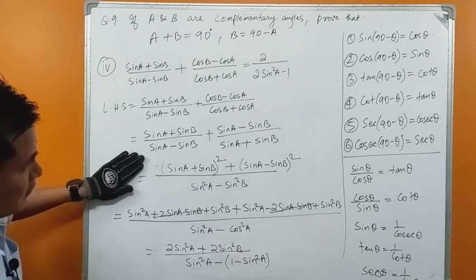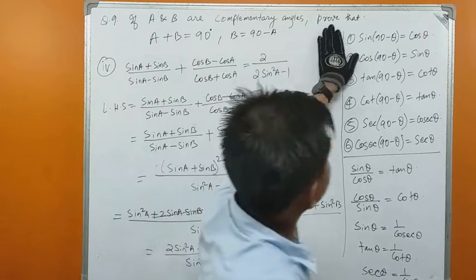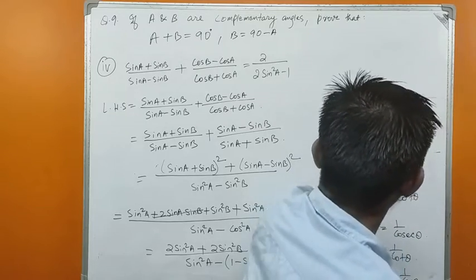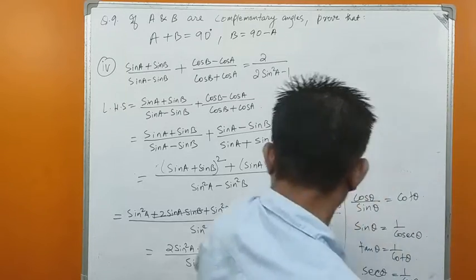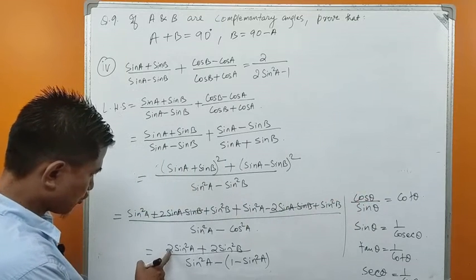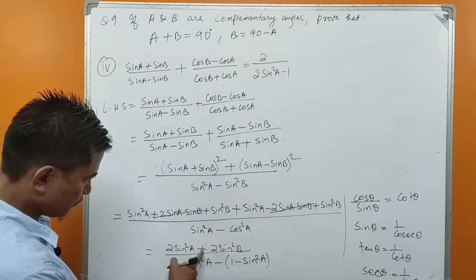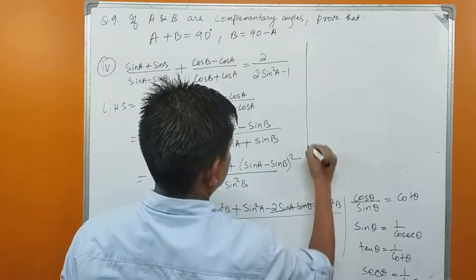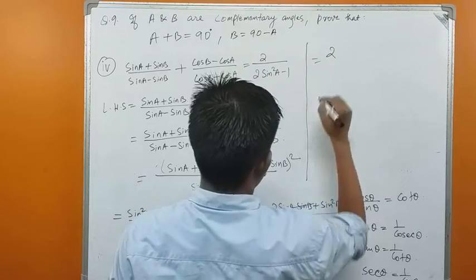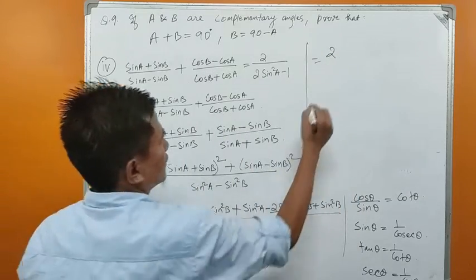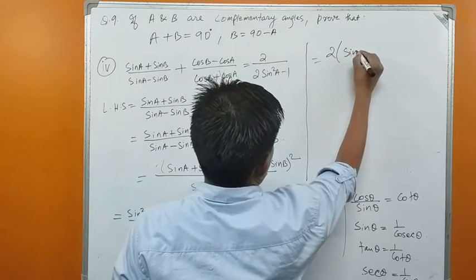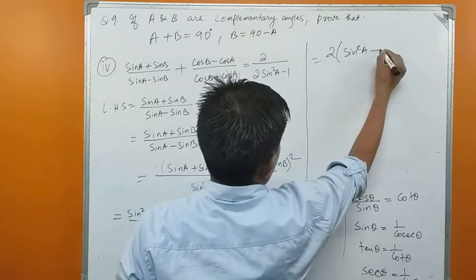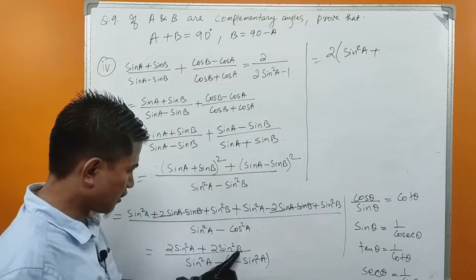So now let me erase this. We have 2 and 2 common, isn't it? 2 sin square a plus 2 sin square b. Let us take the 2 common out. Sin square a plus, now this is sin square b, isn't it?